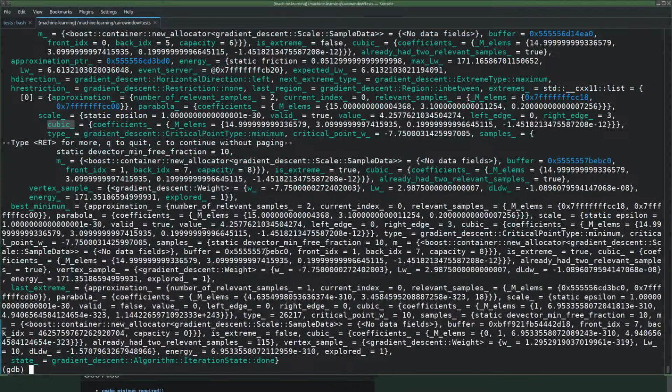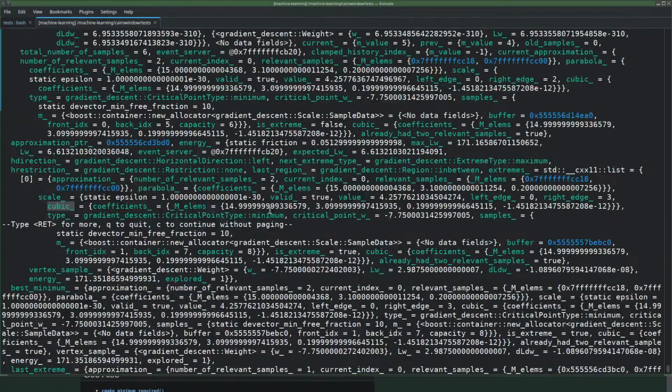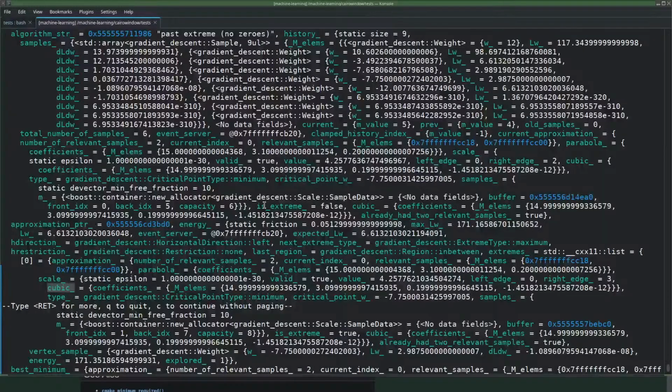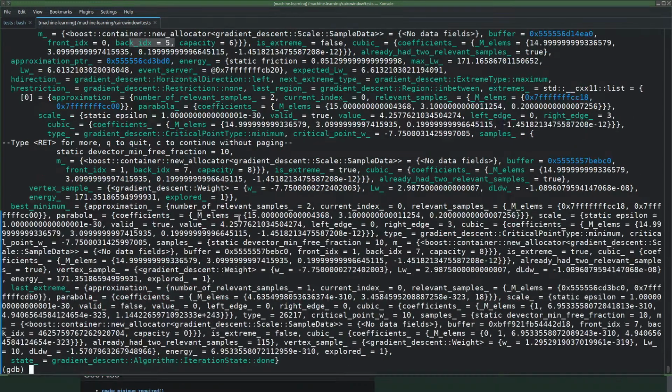Yeah, okay. I probably also should see that we have samples, but it's not being printed, I think. Samples are stored in a container, a D vector, so you don't see that, you just see the buffer here. I do see that we have 5 or 6 elements in it.